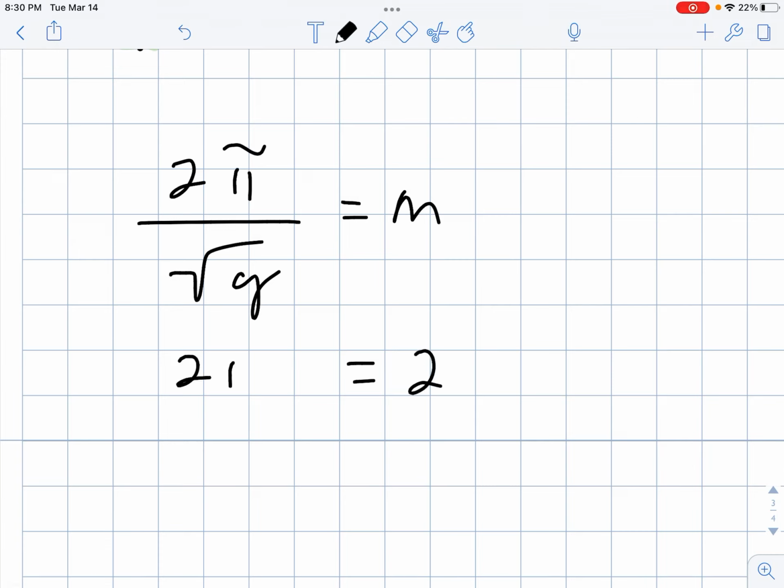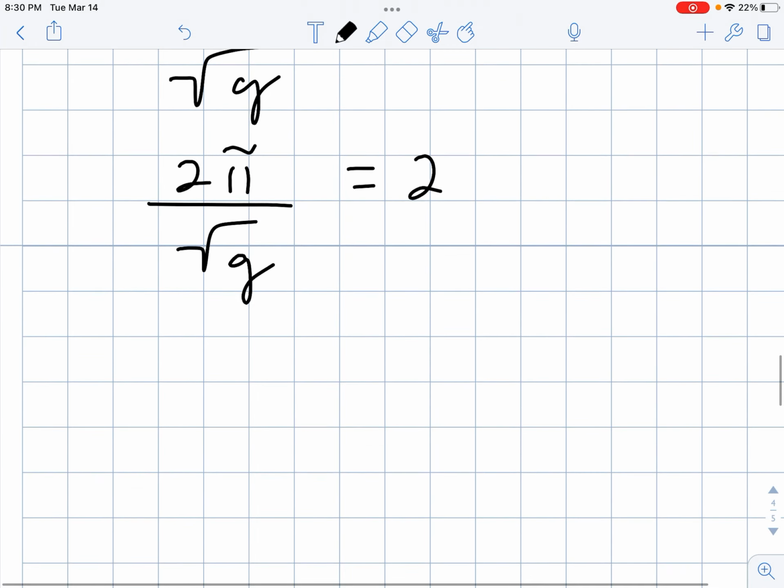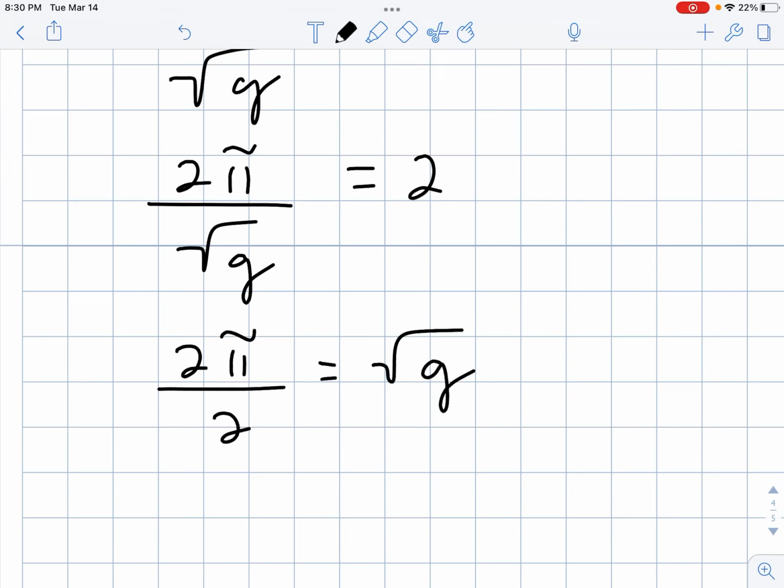And then we have 2 pi over the square root of G. Let's go ahead and solve for G. We should get 9.8 or something close to it. So let's do some flipping here. We'll say 2 pi divided by 2 is equal to the square root of G. Basically, I multiplied each side by root of G and divided each side by 2.